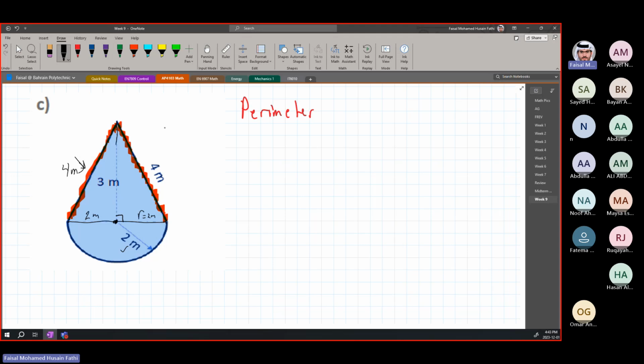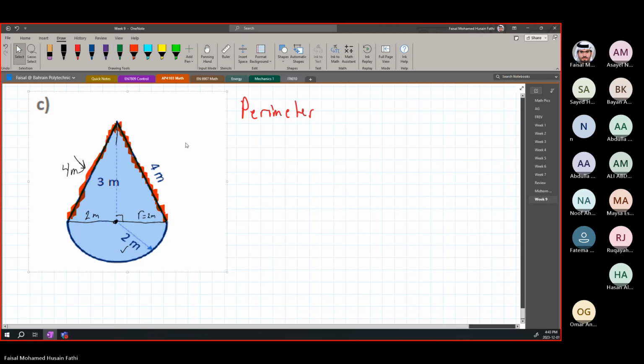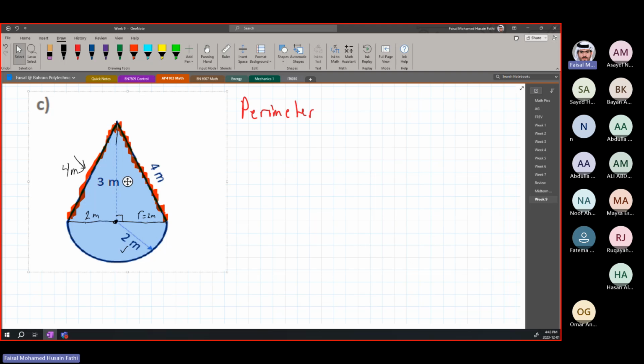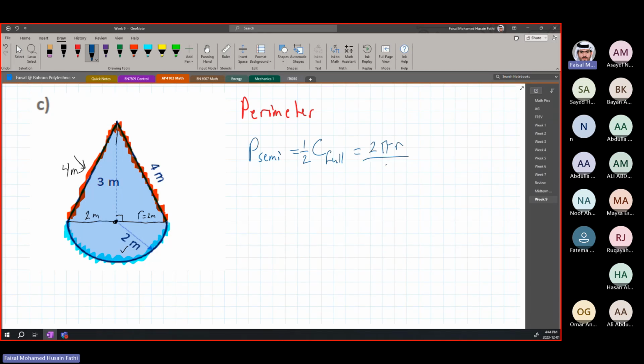Now let's look at this circle itself. To find the perimeter of the circle, or the circumference, it's the same concept we did earlier. This is a semicircle. The perimeter of a semicircle is equal to half the circumference of a full circle, which is equal to 2 pi r divided by 2, equal to pi r, because the 2's cancel.